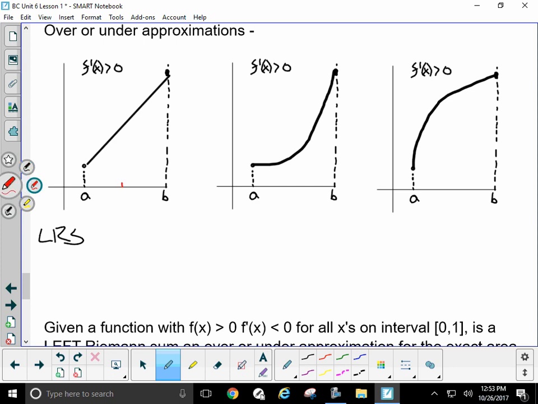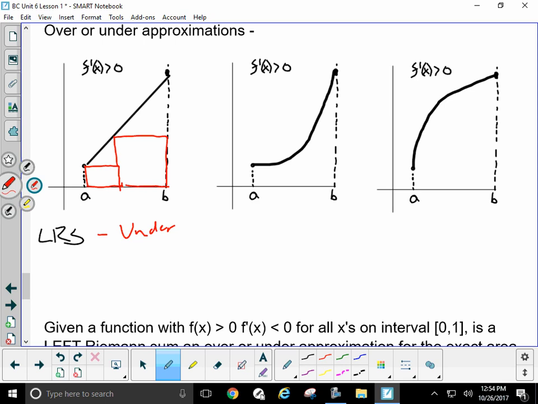I'm going to just make two intervals just to be able to see things clearly. And I'm going to use the function value on the left of my interval. So that's this one, and that's this one. Well, I can definitely see that my left Riemann sum is going to be under my actual. See if that's the case for an increasing function that is concave up and concave down. Go.